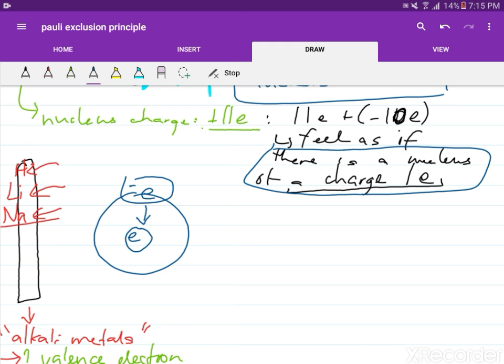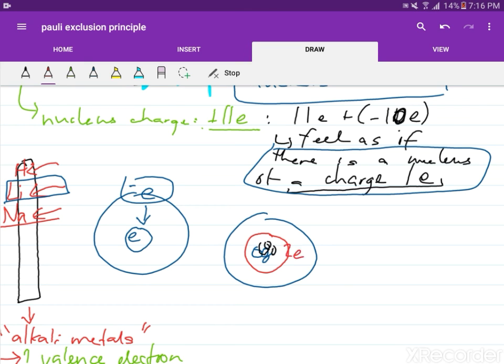For lithium, it has three protons, say 3 neutrons too, and to distribute the 3 electrons in lithium, 2 electrons will fill the s orbital, and this will have a charge of minus 2e, while the charge of the nucleus is positive 3e.